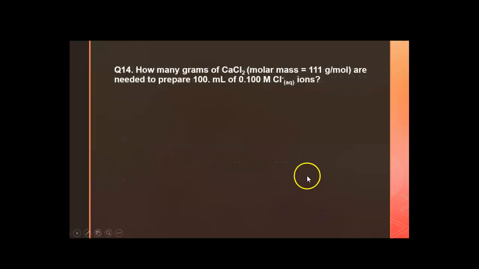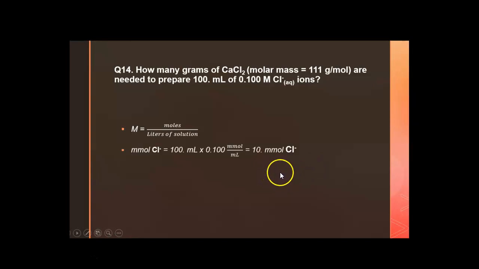Question 14, how many grams of calcium chloride would you need to prepare 100 milliliters of 0.1 molar chloride ions? There's your solution, again your mathematical formula, and we're going to just multiply the volume times the molarity to get 10 millimoles of chloride. But each chloride is from a CaCl2, and there's 2 chlorides for every CaCl2.